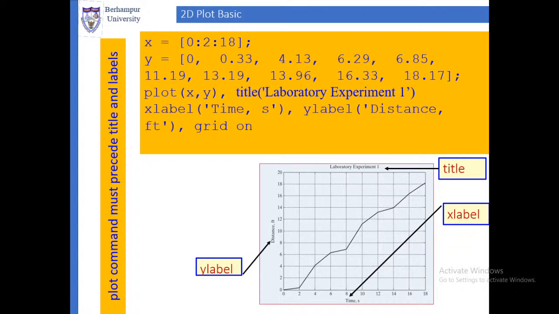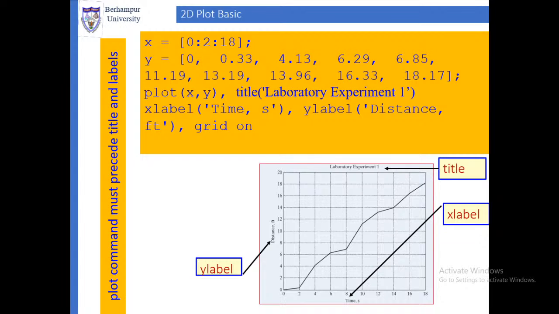Then for the x, you can give a label for x. That will be xlabel. Then give a name for that xlabel. The name should be within quote marks. So xlabel is always a function. Whenever we have a function, the argument of the function is always within circular brackets.